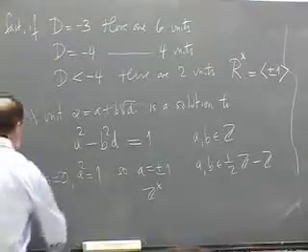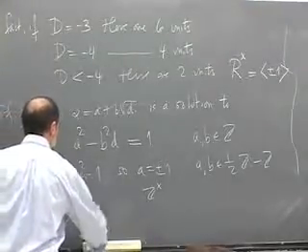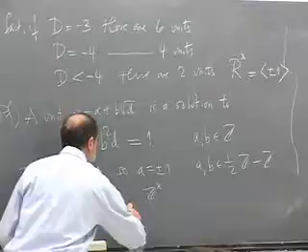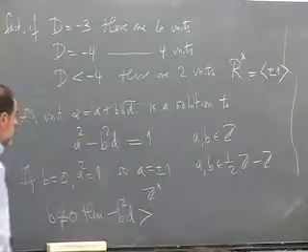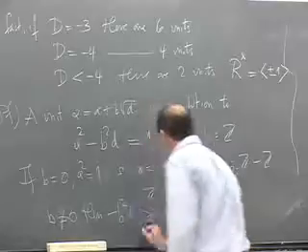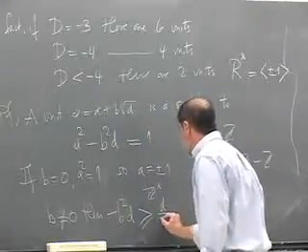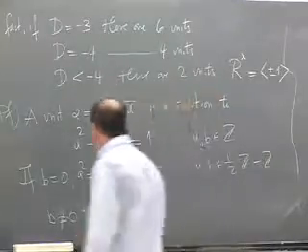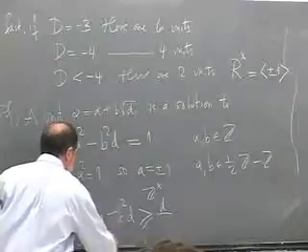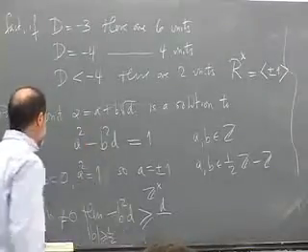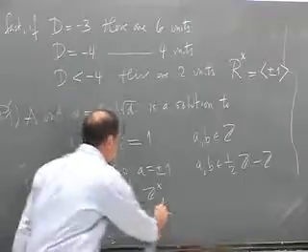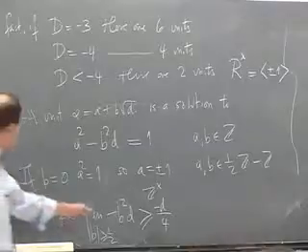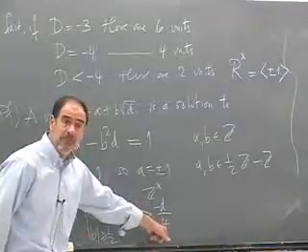If b is not equal to 0, then minus b squared d is bigger than or equal to minus d over 4, because b, whatever it is, is in absolute value at least a half. So b squared is at least a quarter, so this is at least minus d over 4.